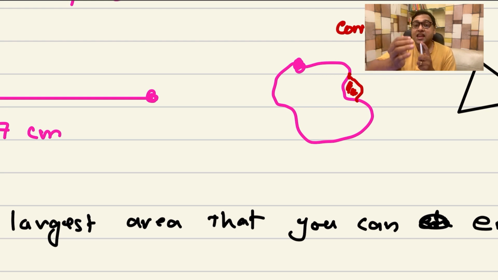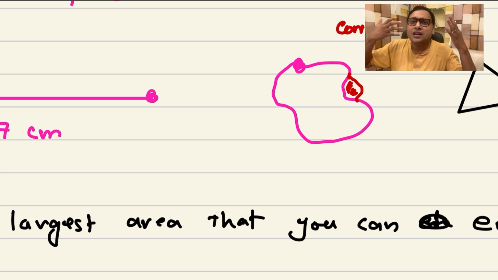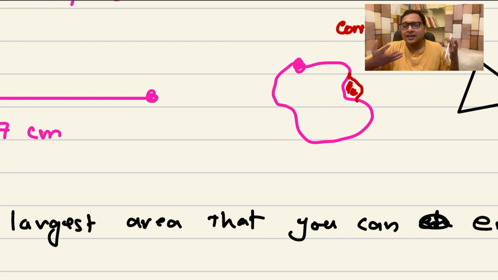One shape is more efficient than the other in enclosing area. I'm just giving you a heuristic principle. It's not math. It's math, but it's kind of more like intuition, how the figure should look like.